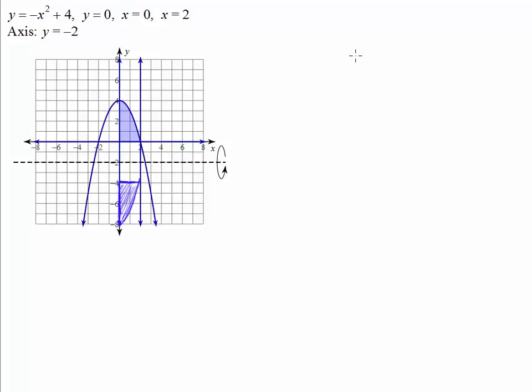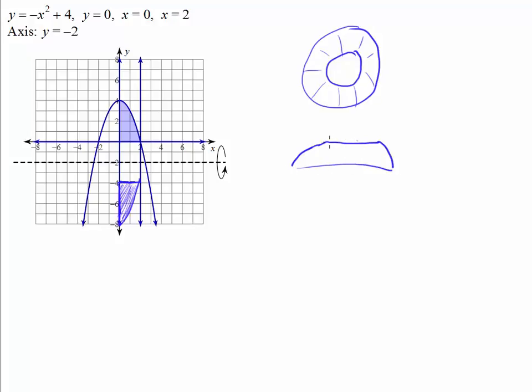If you're looking from the top down, you would have kind of a donut shape. If you look at it from the side, this is what you would see, something like this. You can't tell, but there's a big hole right here in the middle. That's what the three-dimensional shape looks like, and we're trying to find the volume of that shape.